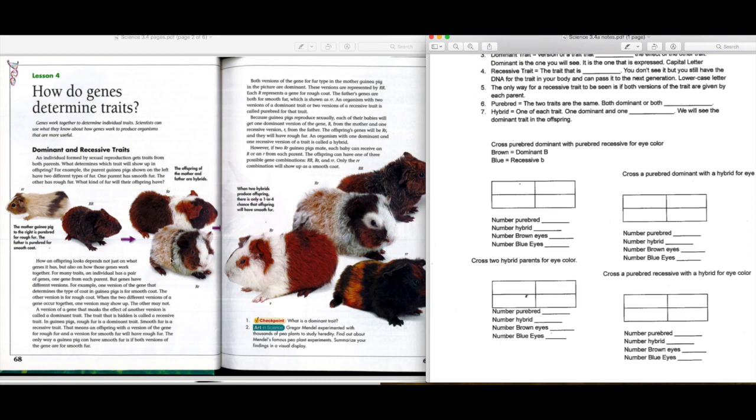Because if I didn't know their parents, and I was just looking here, I could assume rough fur would look with two capitals. But if I looked at these parents and said, hey, they have rough and smooth, then I would know these guys are hybrids. Because I know these guys are hybrids, I can now predict that. So we're going to work at trying to cross parents to make a prediction.